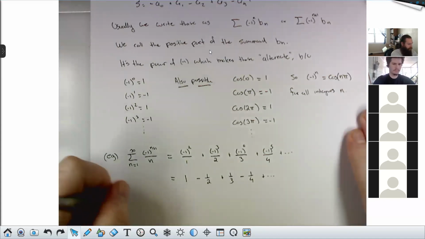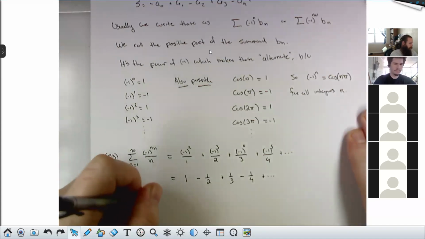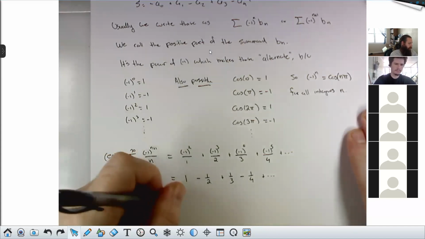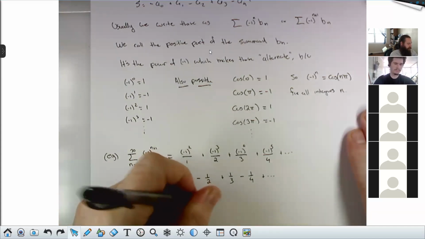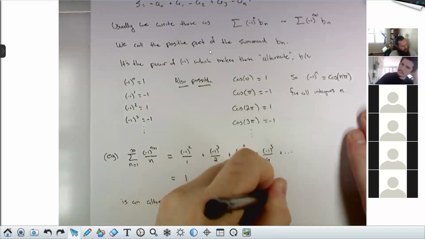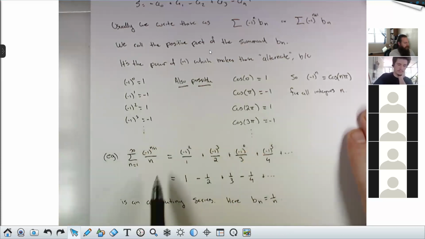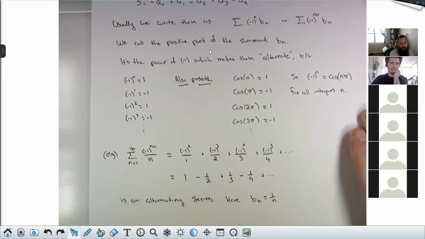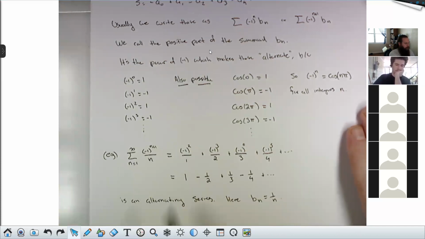This is an alternating series. Here, Bn is just 1 over n. It's the positive part of the summand. So the (-1)^(n+1) is what makes us alternate, and everything else inside here is 1 over n. If you look at this written out and just ignore the plus minus, it's 1 over n: 1, 1/2, 1/3, 1/4.